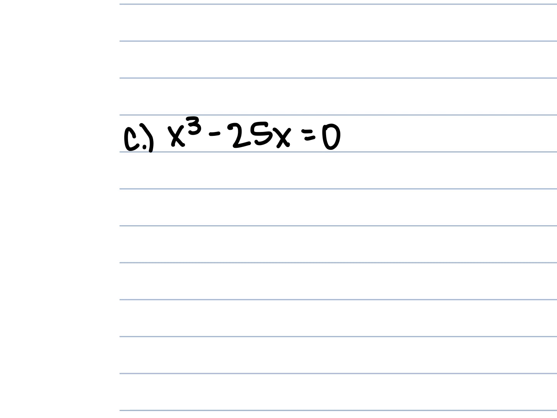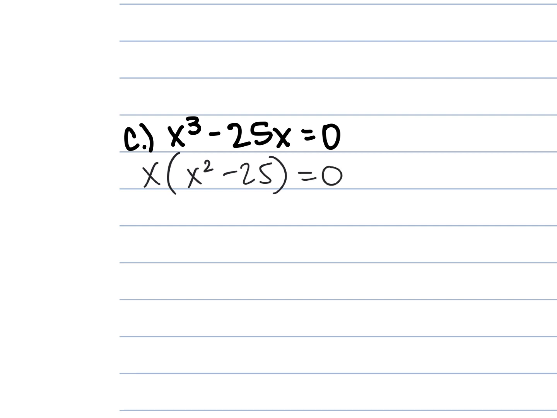Who got 0, -5, and 5? Who wants to walk me through it? Segi, go for it. Okay, so first you find the GCF, the 25x. You get x parentheses x to the second minus 25, and then equals 0.